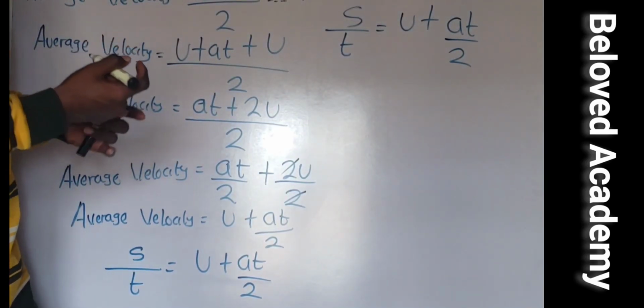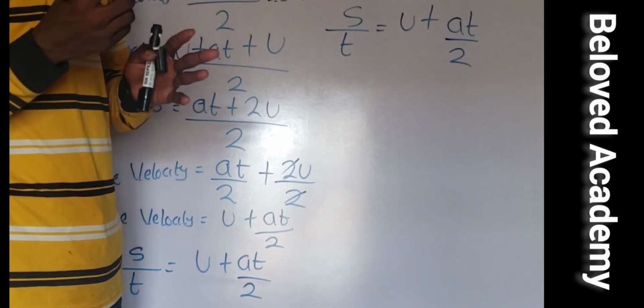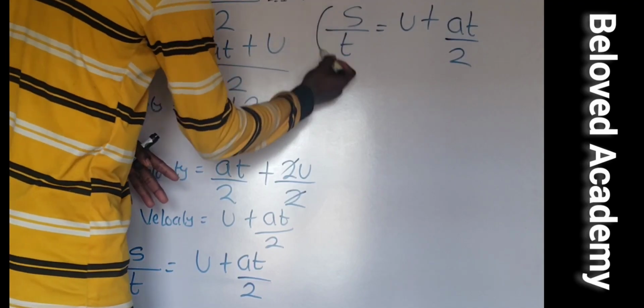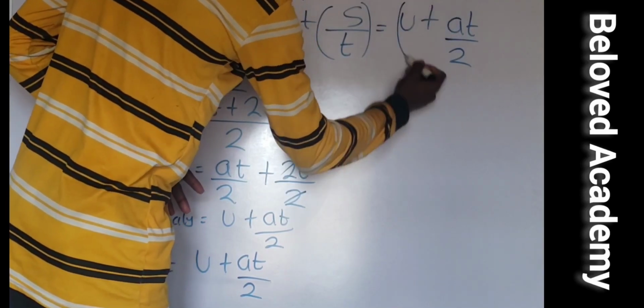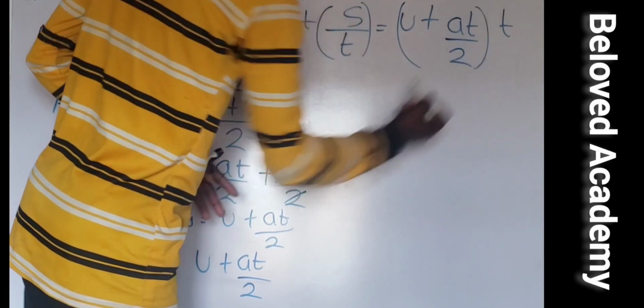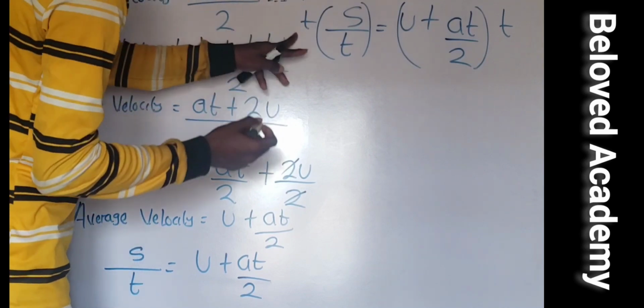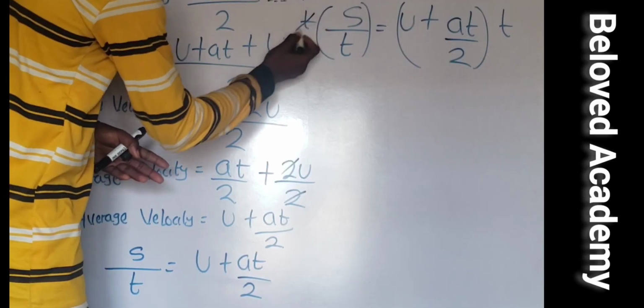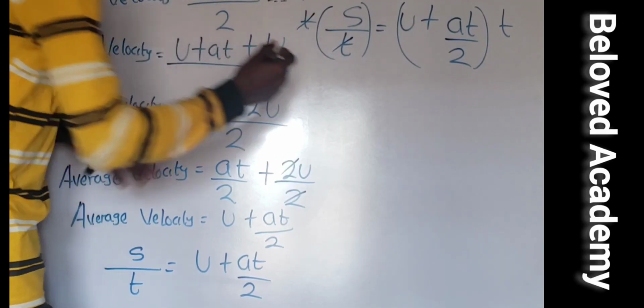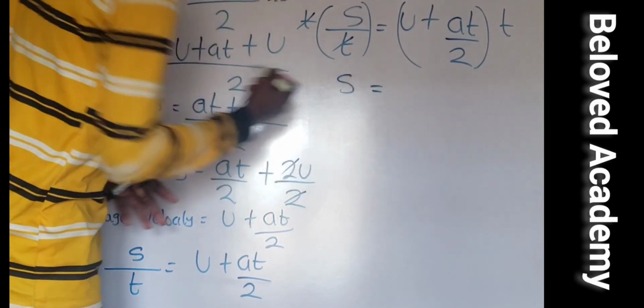Now, I want to make s the subject of the relation. So I'm going to multiply both sides by t. So t multiplied by s over t is what? St over t. So this t will cancel this t. So I'm left with s at the left hand side of this equation.